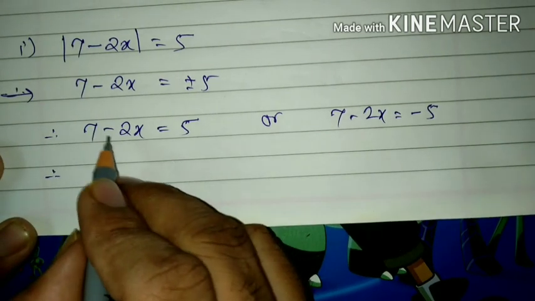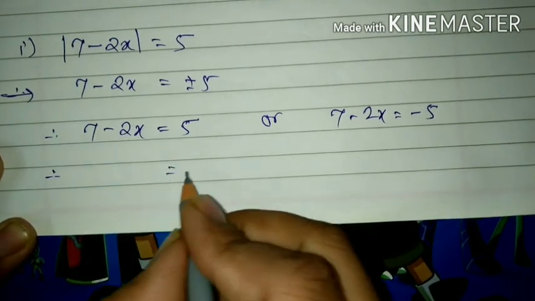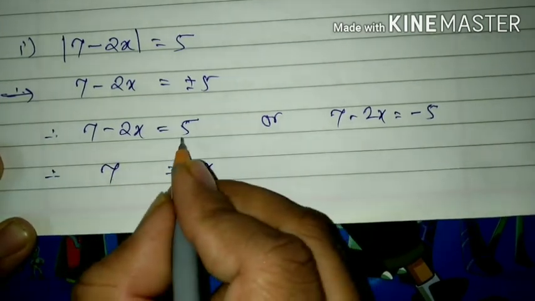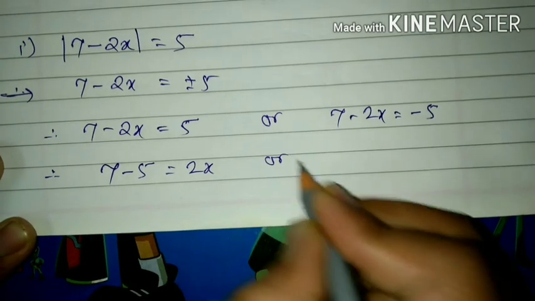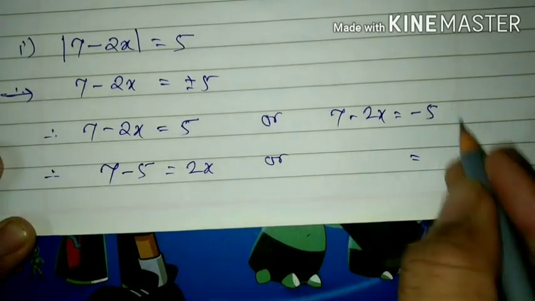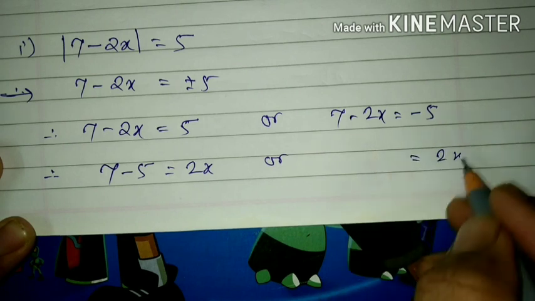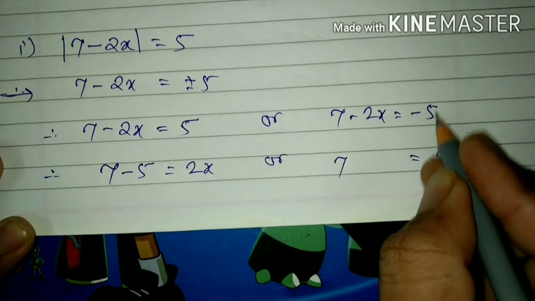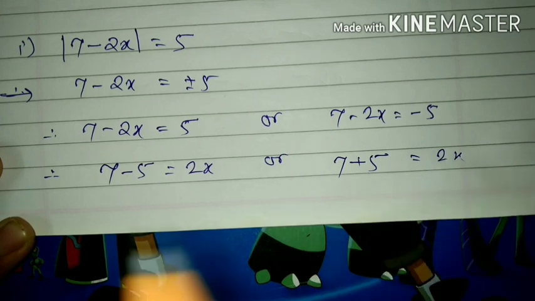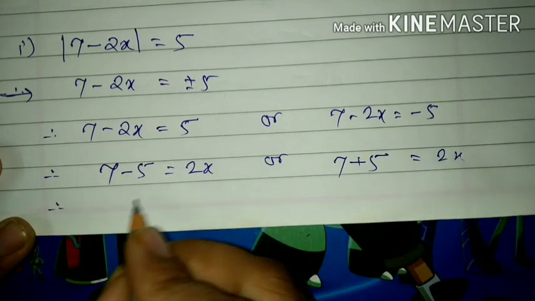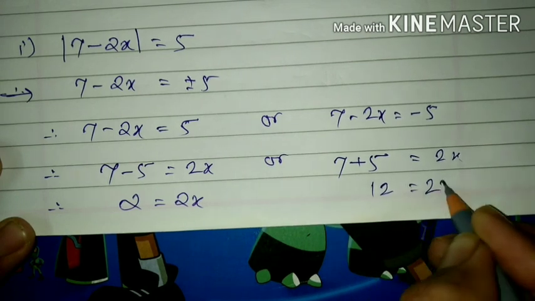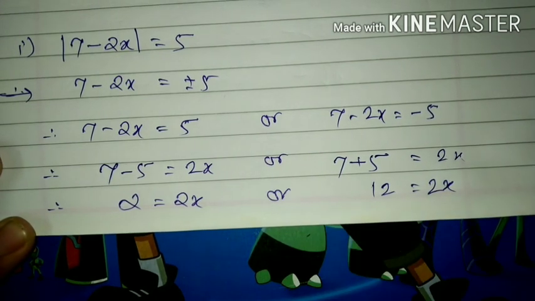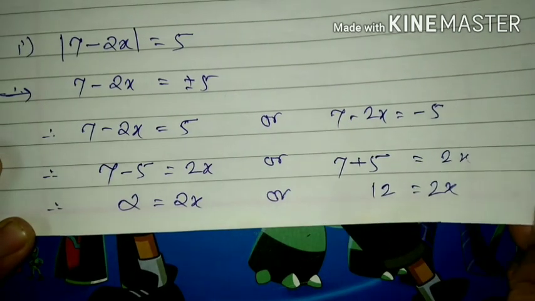So therefore by rearranging minus 2x becomes plus 2x, 7 plus 5 on the right, left hand becomes minus 5 or again minus 2x becomes plus 2x. देखो इसकी साइड चेंज कर रहा हूँ and 7 minus 5 comes here becomes plus 5. So therefore we can write 2 is equal to 2x or 12 is equal to 2x.